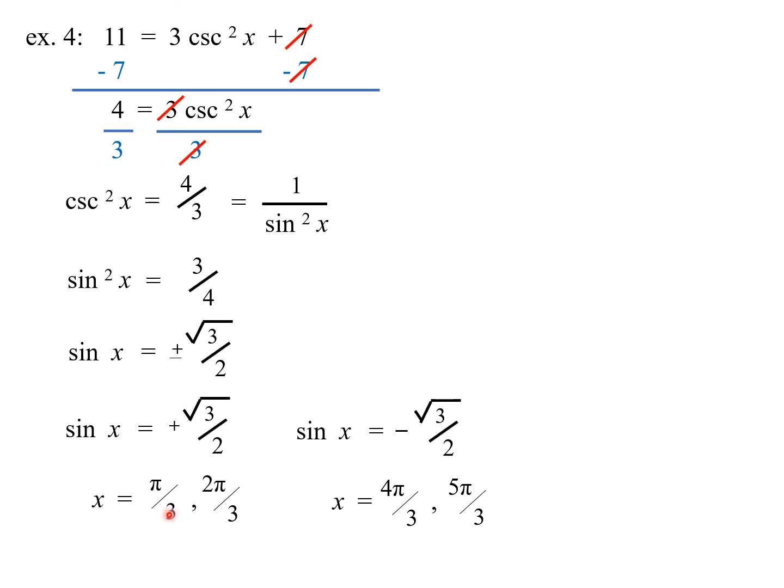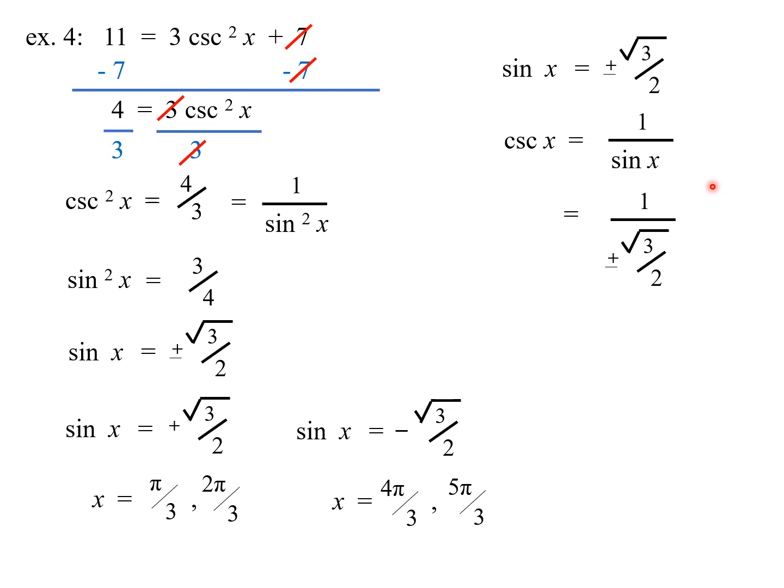All right, and these are the possible solutions which we're going to plug into here. But it's a cosecant. So I'm going to find the cosecant of these before we plug them in. Now, if the sine of x is plus or minus root 3 over 2, then the cosecant is the reciprocal of that, or the reciprocal of plus or minus root 3 over 2.